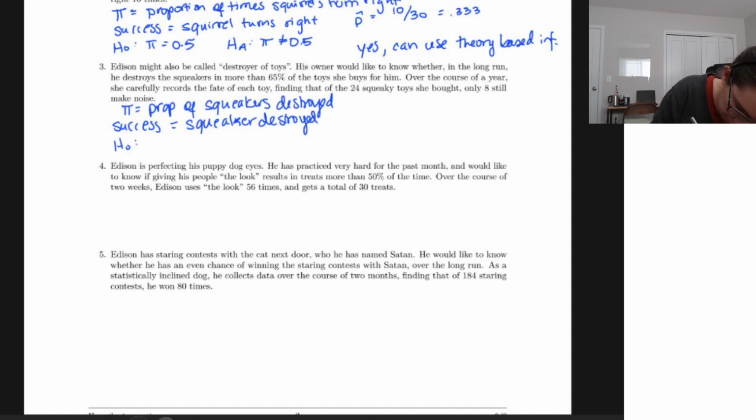H0: pi is less than or equal to 0.65. HA is pi is greater than 0.65. P hat is, so 16 out of 24, the way we've defined this, right?